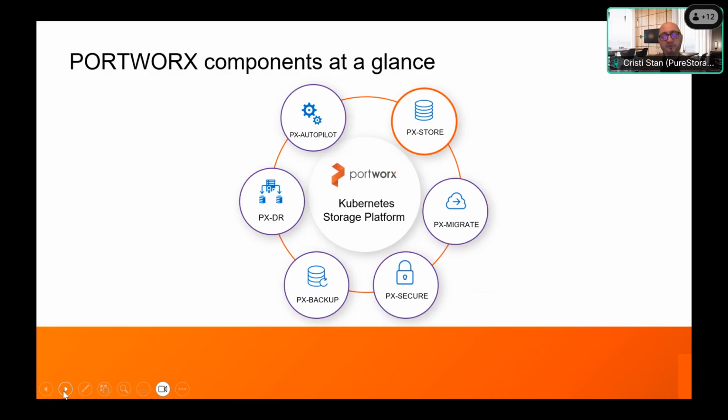After providing the persistent storage and the availability together with PX-Store, we know how to do migration. PX-Migrate gives you the possibility to move an application from one cluster to another, as I told you, from on-prem to the cloud. And here again, I'm not talking only about the data. I'm also talking about the application itself, all the objects encapsulated inside a namespace: deployments, stateful sets, config maps, secrets, custom resources, it doesn't matter.